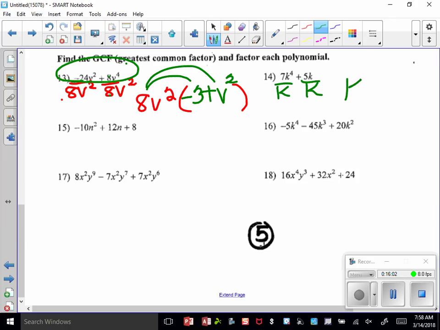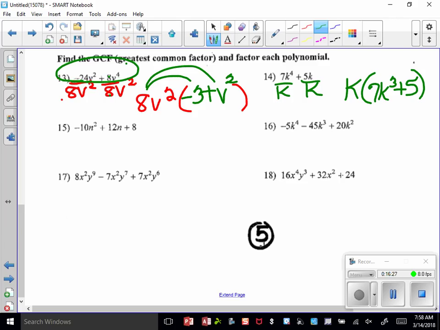So we're going to put the k on the outside, and we're going to divide both of those terms by k. 7 stays. I subtract 4 minus 1, that's k to the 3rd. For the other term, the k's cancel out. I just end up with 5. If I distribute it back out, I end up with my original problem. That's how you know you're correct.